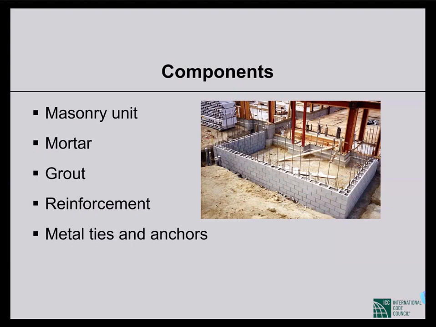Then mortar, cement mortar or lime mortar, the material that we use to provide the joints between the brick units. Then grout, which is used for reinforced masonry, like for hollow brick or hollow block. When you use hollow blocks, we fill the hollow part using grout, cement grout.